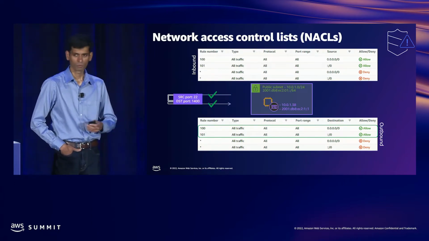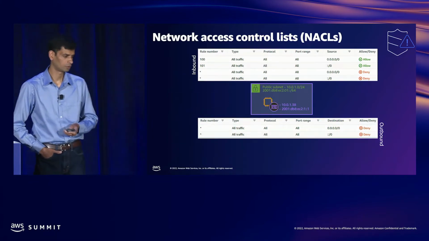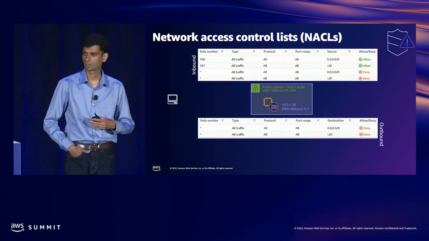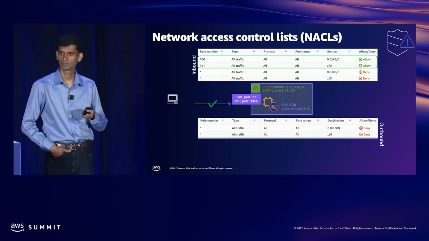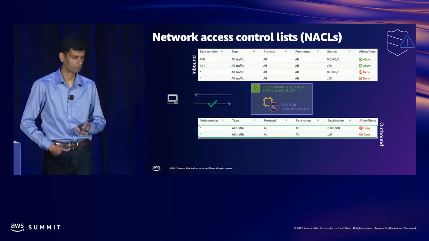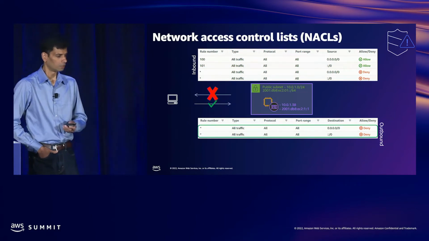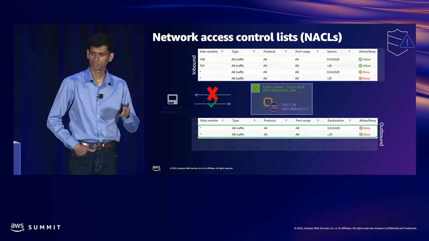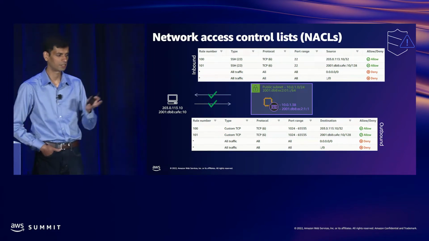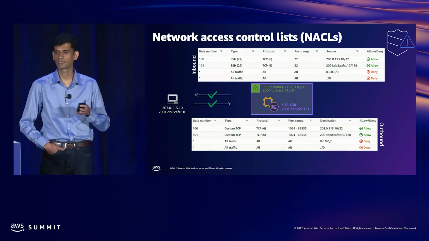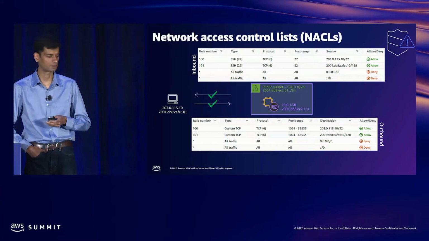Now, let's say you remove the allow statements from the outbound rules. What would happen is the incoming traffic would still come to your EC2 instance, but the outbound traffic flow will not work, and the connection setup will fail. You also have the option to specify specific sources and destinations within NACLs, but of course, in this case, you can only specify using IP addresses.